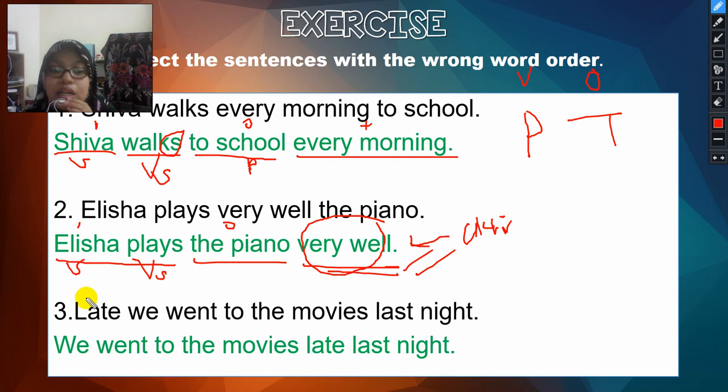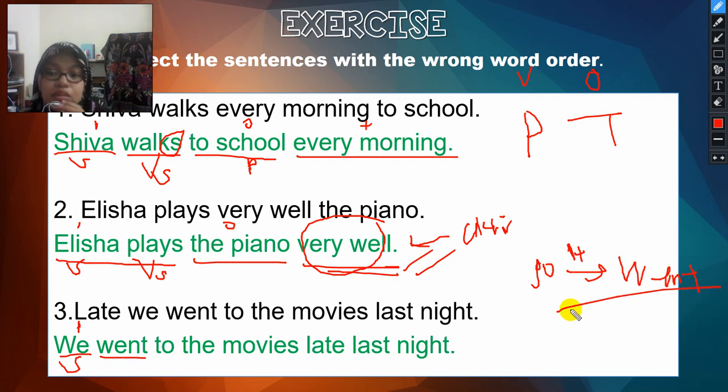So, the third one. We went to the movies last night. Macam kita tak betulkan we went. We, ramai kan? Plural. Okay, so this is the subject. Went tu sebab apa? Went, go. Past tense dia ada apa? Went. Okay, please remember that. Go, past tense dia went.